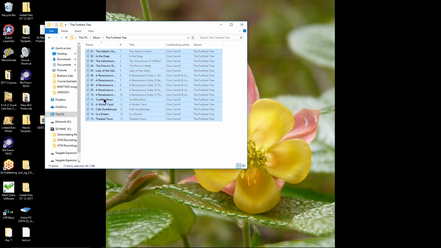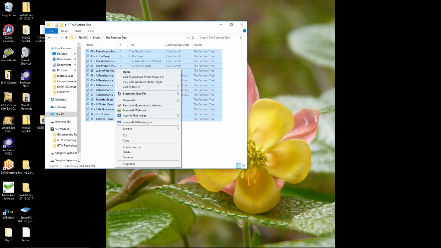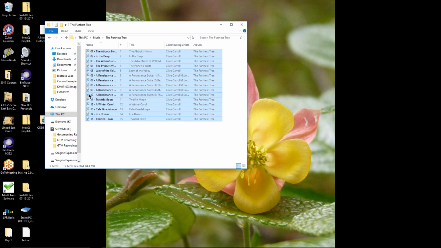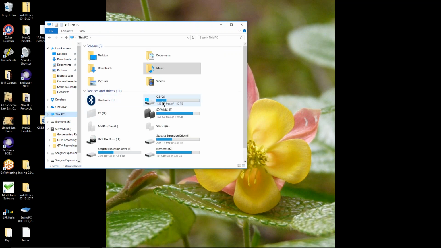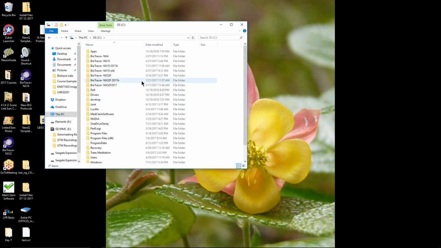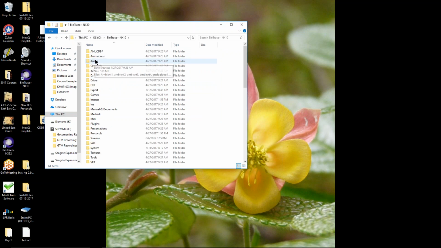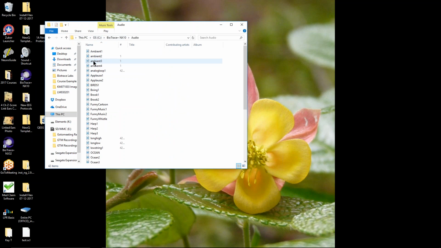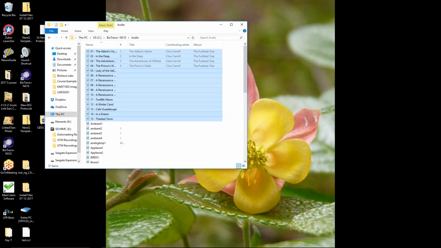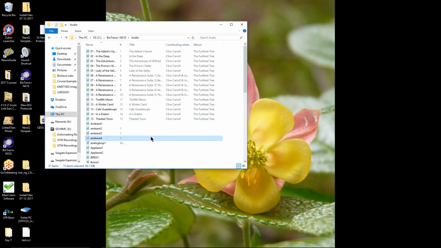So you highlight the files that you want to copy, copy those, and then navigate to whichever BioTrace version you have. Here's the audio folder within BioTrace: this PC, the C drive, BioTrace, audio. You open up the audio folder and paste those files into it, and there they are.